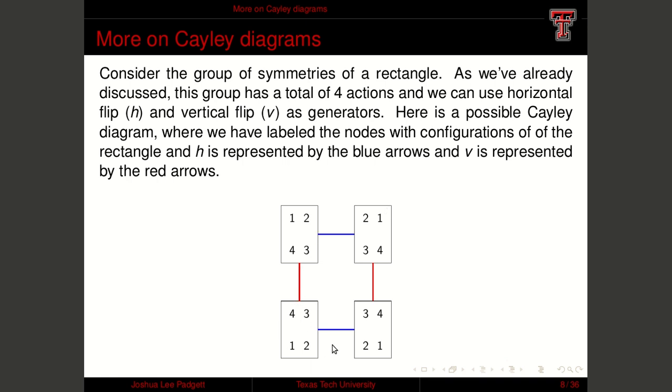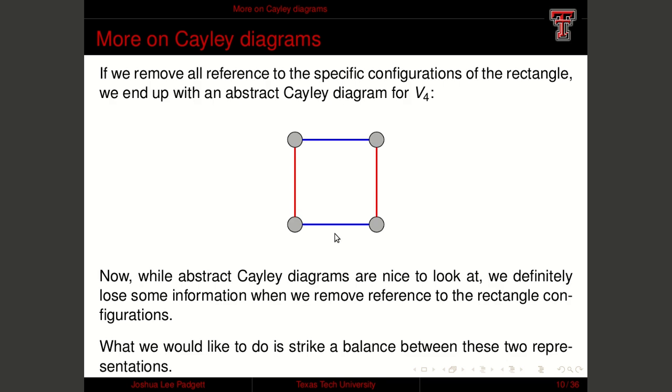Similarly, this node would be labeled V for vertical flip, and this node here we would either label HV or VH, because we've performed both of them, or more than likely we would label it R, which would be our notation for a rotation. So what I'm trying to emphasize here is that we're not doing really anything different other than rather than trying to draw these giant pictures, we're simply going to just give it the shorthand notation that we're giving to each of our actions.